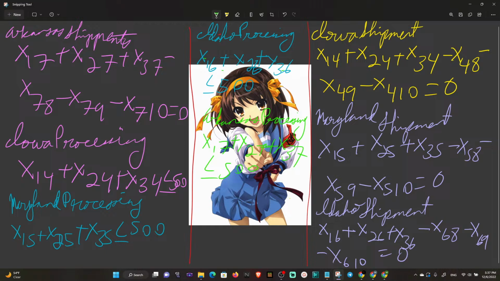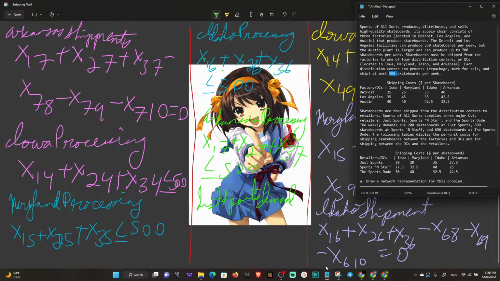So all of them are less than or equal to 500. Well, yeah, but we got one more thing, and that is the demand. Okay? So let's start with just sports demand. Just sports demand was 200.